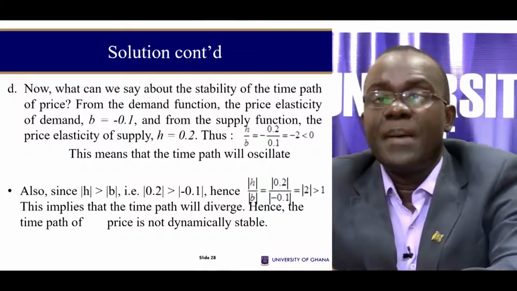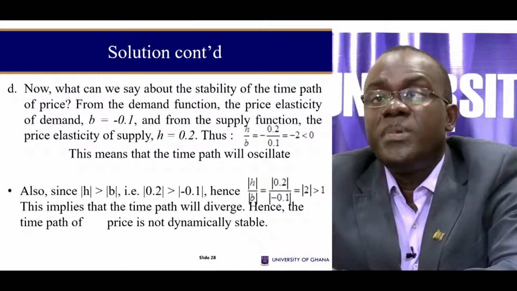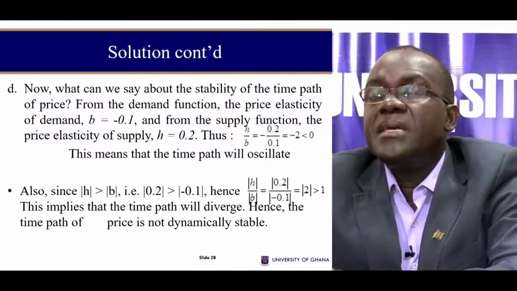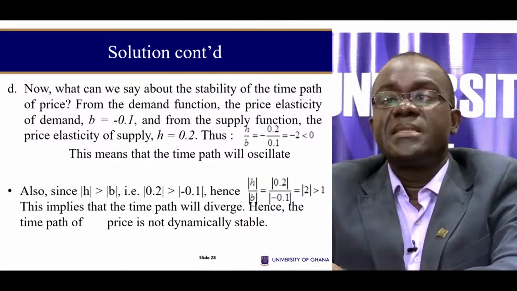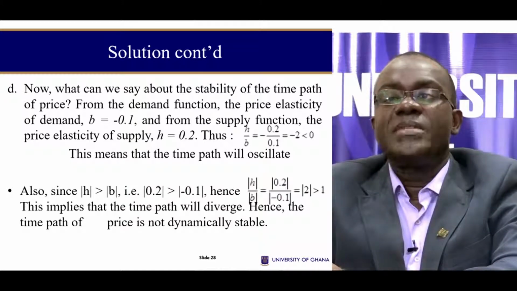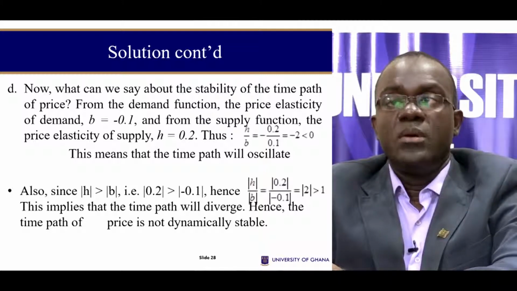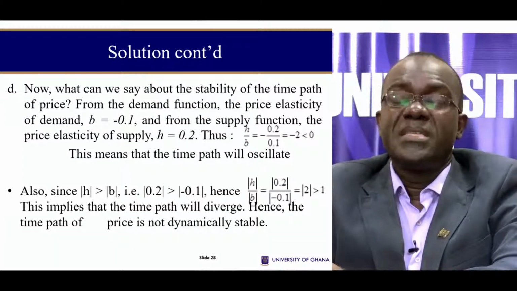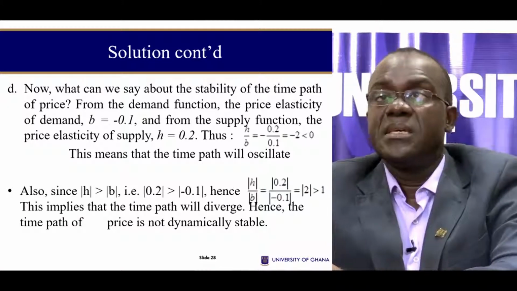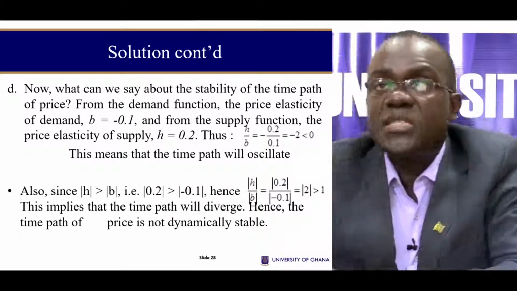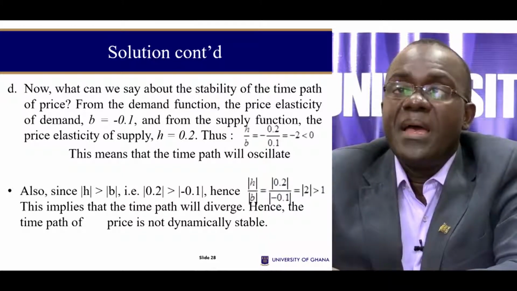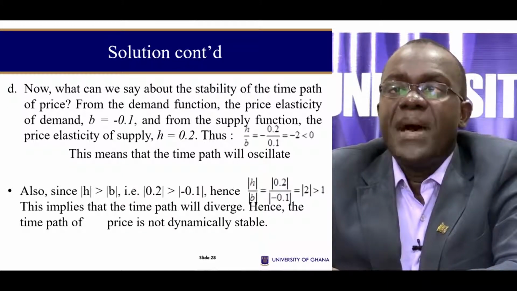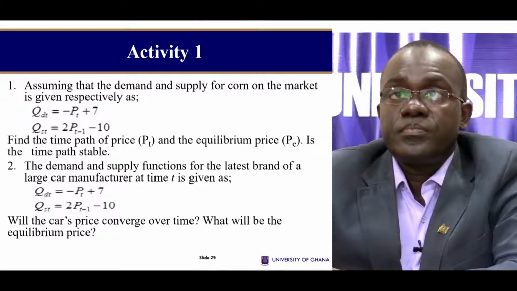Then when we look at the absolute value of H and absolute value of B, we get 2 here, which is greater than 1, meaning that the time path will diverge. So as t approaches infinity, H over B raised to the power t will tend to a very large number, and therefore the time path is not dynamically stable.